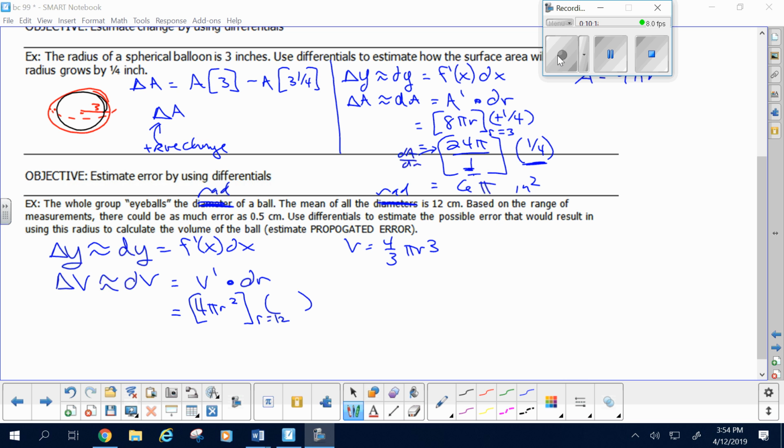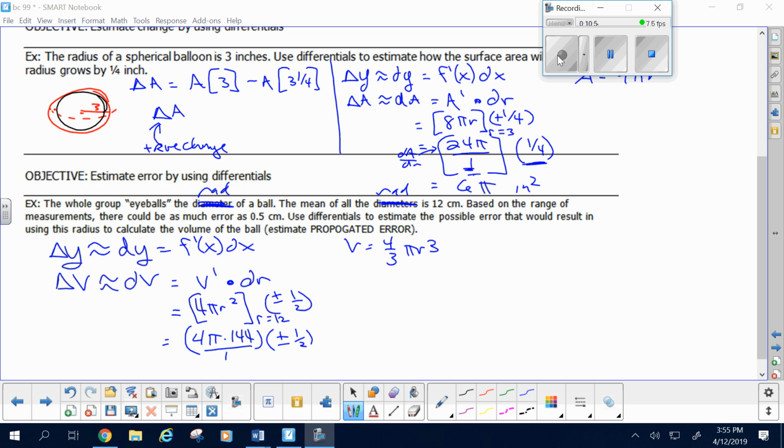dr is how much the radius could be off by or changed by. That's plus or minus, because we don't know if it's an over or an underestimate, error of a half. When I plug in 12, I get something like 4 pi times 144 times plus or minus a half. Again, that's a rate of change in volume with respect to r. That's dV dr. So I would expect the volume to change by something like 576 pi cubic units for every radius change of just one.